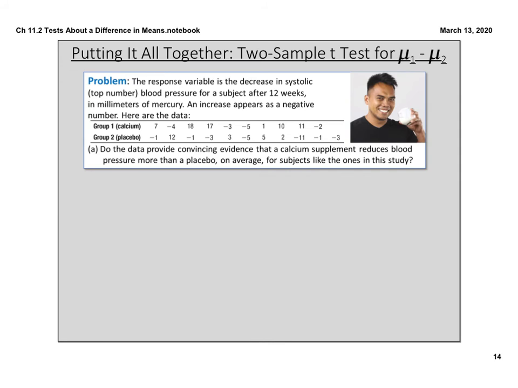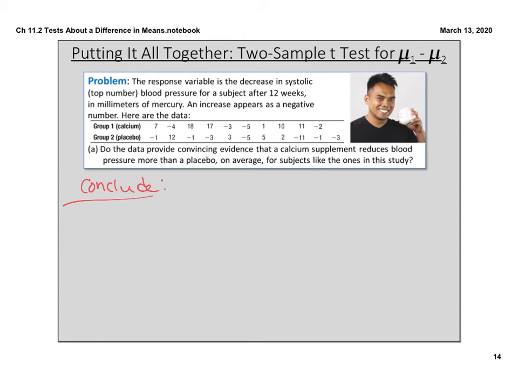Okay, so now let's conclude. In our conclusion statement, we have to say two sentences here. We have to address the p-value and whether it's greater than or less than alpha, and whether that means we reject or fail to reject. And then we also have to put it into context of the question.